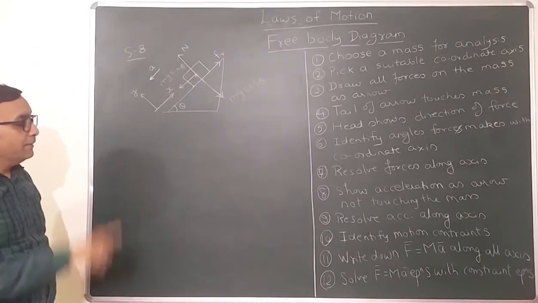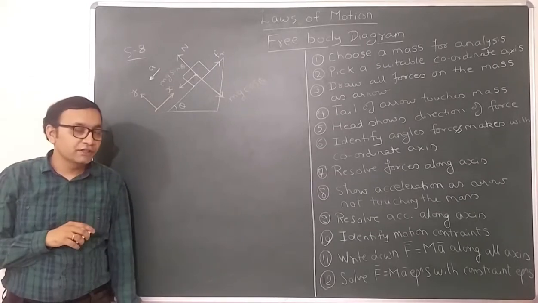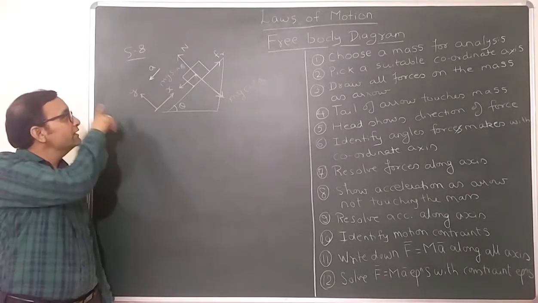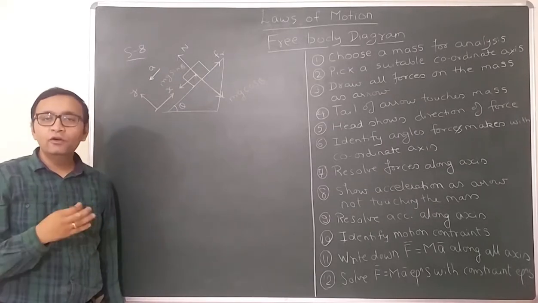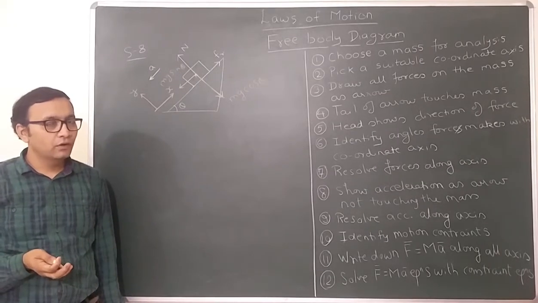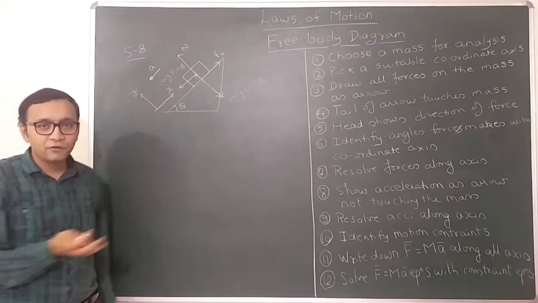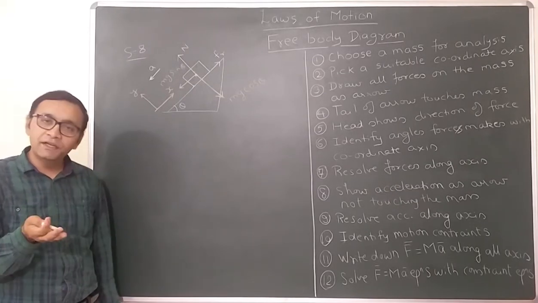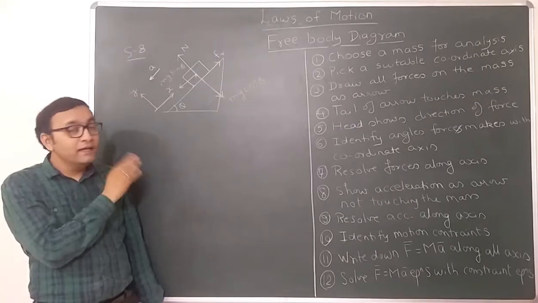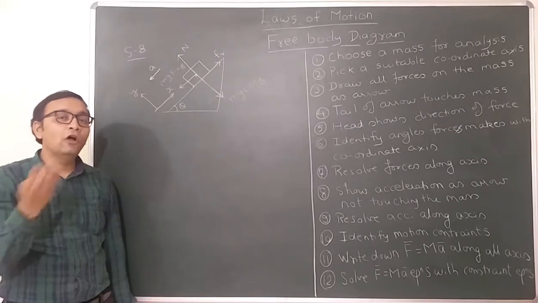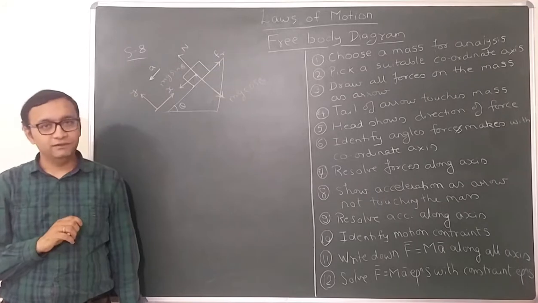Step number 9 says resolve the acceleration along the axis. In this case, acceleration is already along the negative x-axis. I don't need to take components, because its component along y-axis will be 0, since y-axis is 90 degrees to the x-axis. Now, many a times you will see that acceleration also makes an angle with the axis.